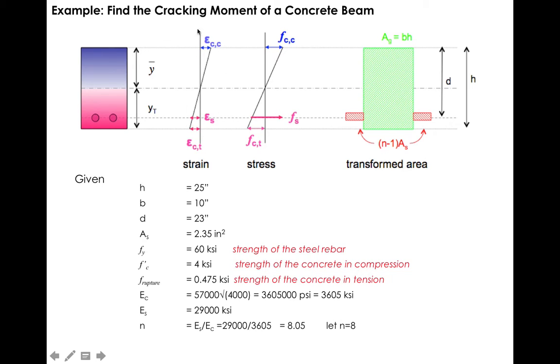This diagram tells us that we have a maximum strain in the concrete in tension at the bottom, a maximum strain in the concrete in compression at the top, and we can use this diagram to find the strain in the steel.